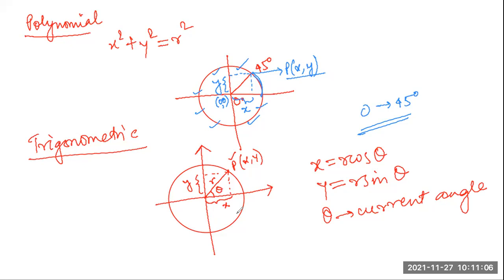Perpendicular by base, right? So if you put that in that concept, it gives you the value of x to be r cos theta and the value of y to be r sin theta. This is our r cos theta and this is our r sin theta. So this is the concept of our trigonometrical circle equation.